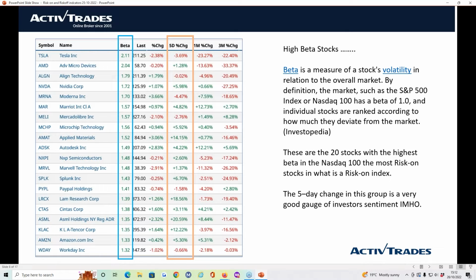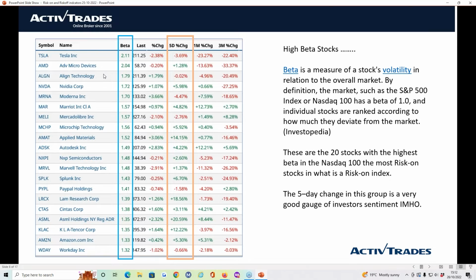It says nothing about the directional movement, just gives us a benchmark for what we should expect from those stocks. And of course, we can see that the lower beta stocks within this top 20 are at the bottom here: Amazon and Workday, 1.33 and 1.32 as their readings respectively.